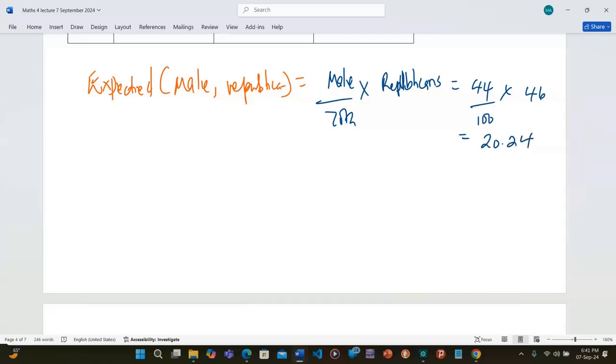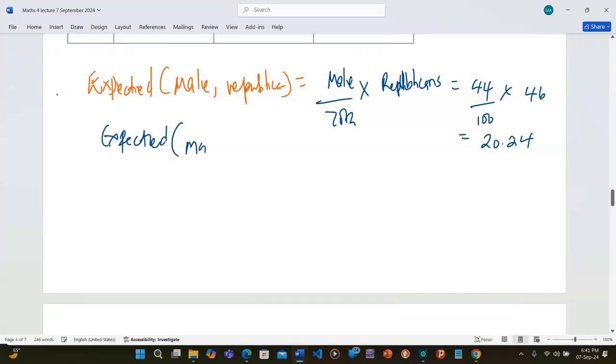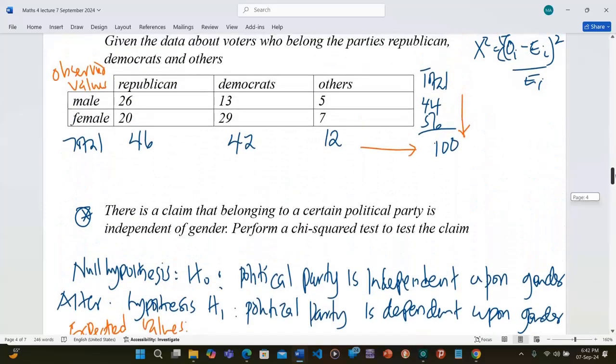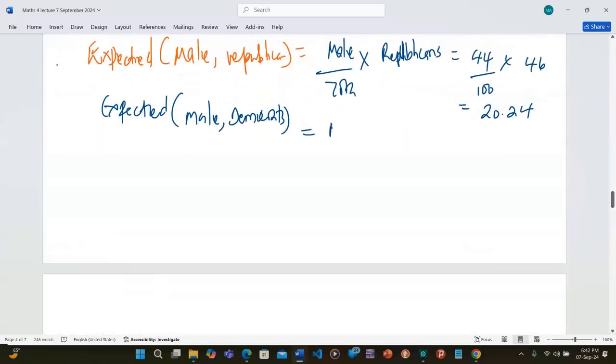Then you need to also look for the expected value for males who are Democrats. So this is also going to be the total number of males divided by the total, multiplied by Democrats.